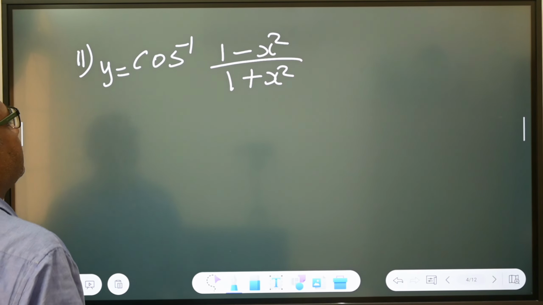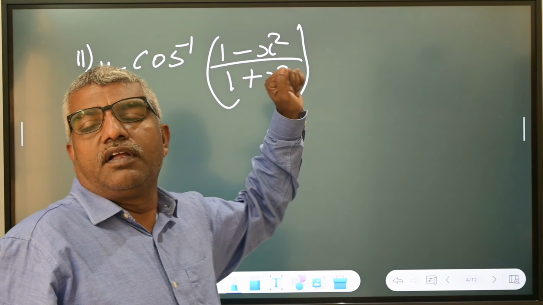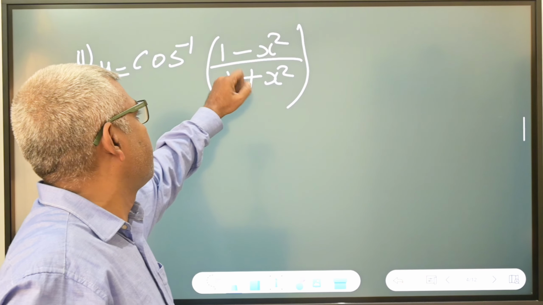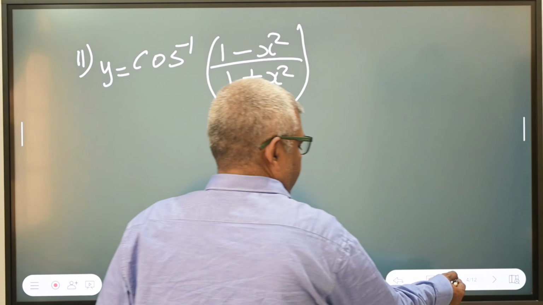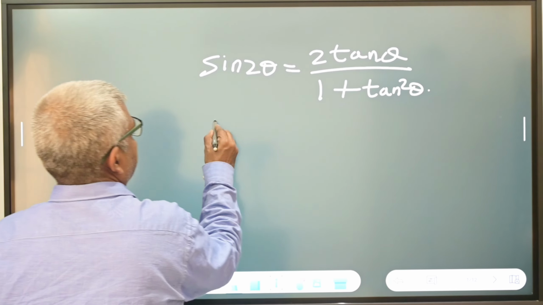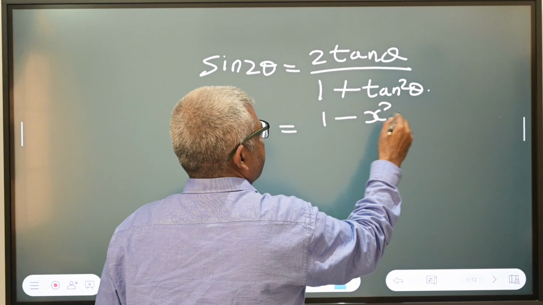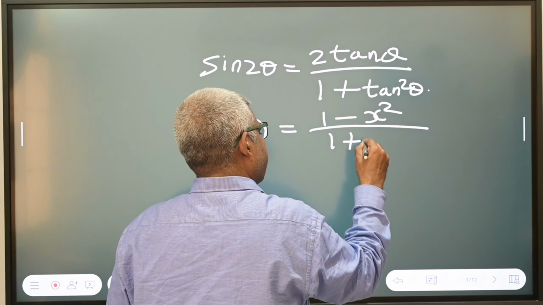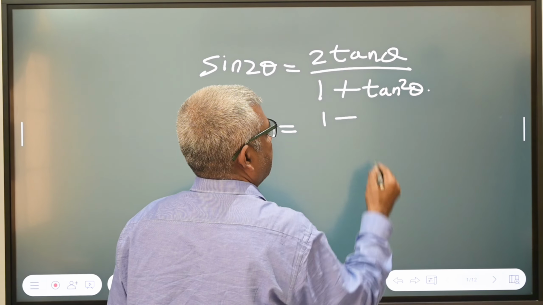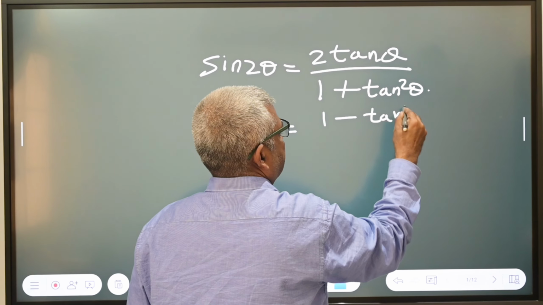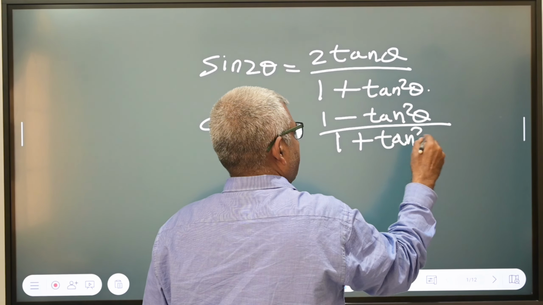Cos inverse. You have to convert to cos of something. So 1 minus x squared over 1 plus x squared. What is the cos 2 theta formula? 1 minus tan square theta over 1 plus tan square theta.